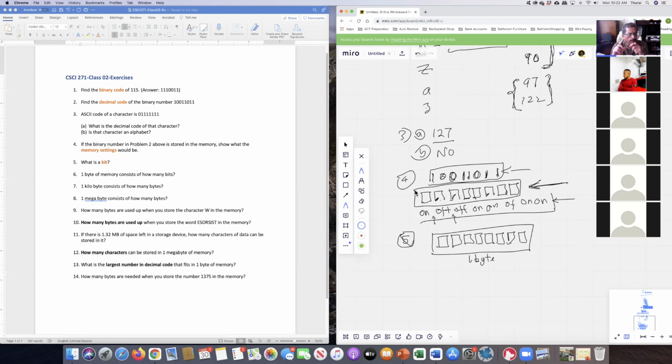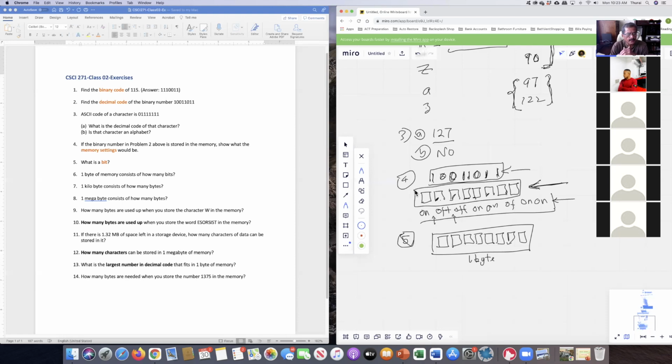So 1 kilobyte is 1,000 bytes, and then a megabyte is 1,000 kilobytes. So the next question says 1 megabyte consists of how many bytes? Anybody? Is it a million? 1,000 times 1,000, which is 1 million. So 1 million bytes are there in 1 megabyte.